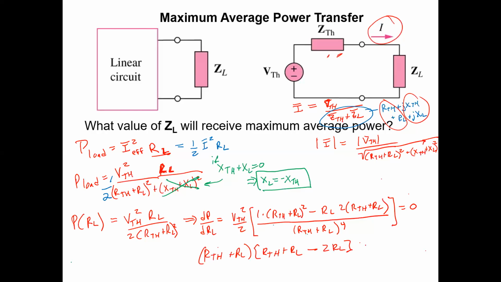And we set that equal to 0. And that's going to equal 0 when RL equals R Thevenin.